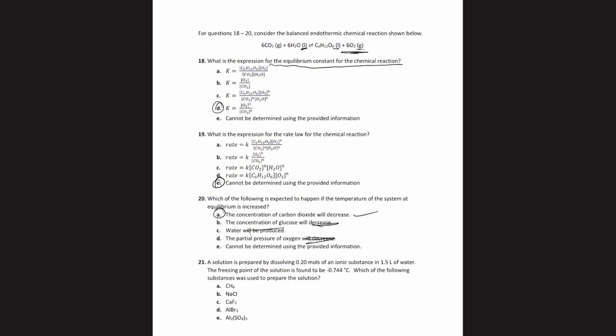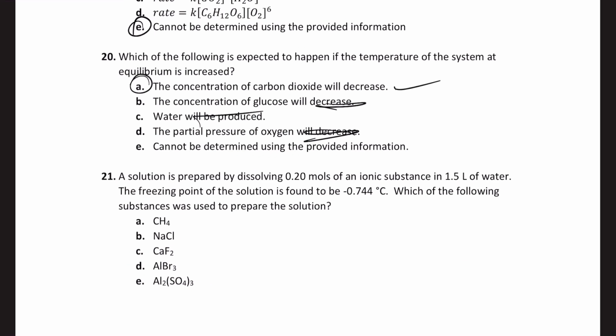All right, continuing. A solution is prepared by using 0.20 moles of a substance in 1.5 liters, and the freezing point is found to be negative 0.744 Celsius. This is a colligative properties question, so we use the freezing point.